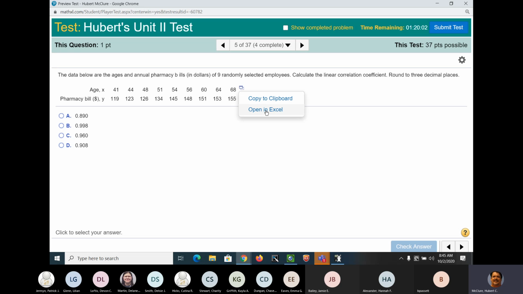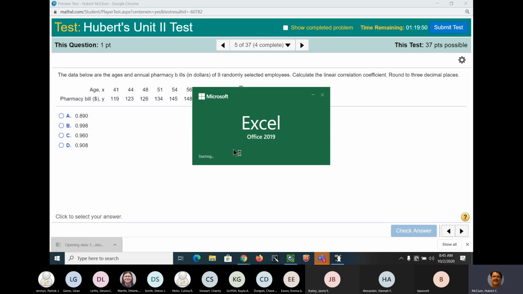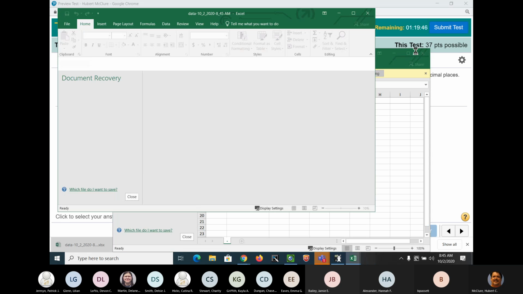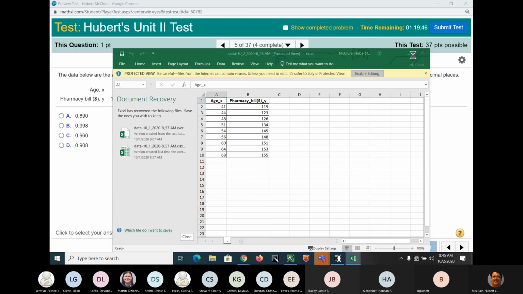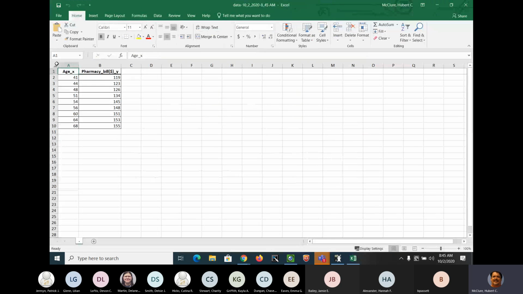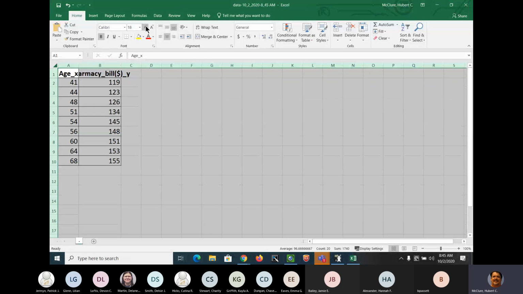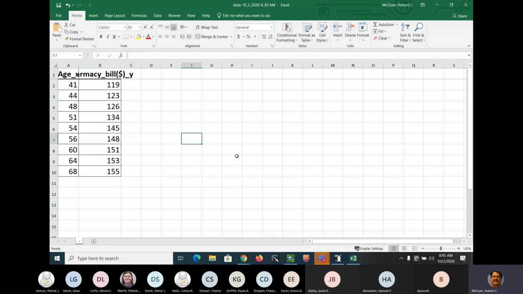If you can do Excel, it's the best way to do it, or you type it in your calculator. Here is the data. I'm going to make it bigger. Go ahead and be typing it in your calculator if you don't have Excel. There you go. And I'll show you how to do it in Excel.